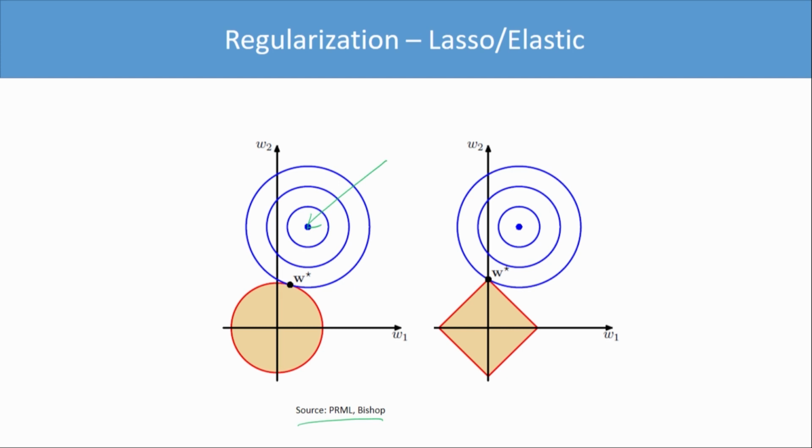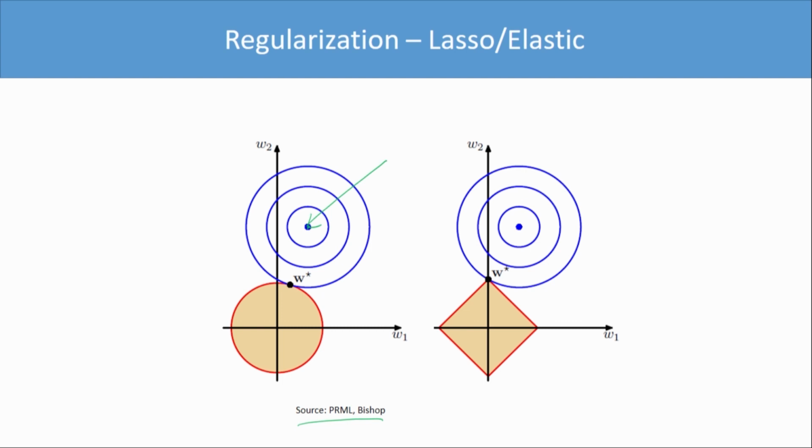Now, for different choices of W, your X's and Y's correspond to your parameter space. This is a 2D problem, which means your W is just a 2-dimensional parameter. So this is the particular unique solution that you will get if you did not use any regularization.